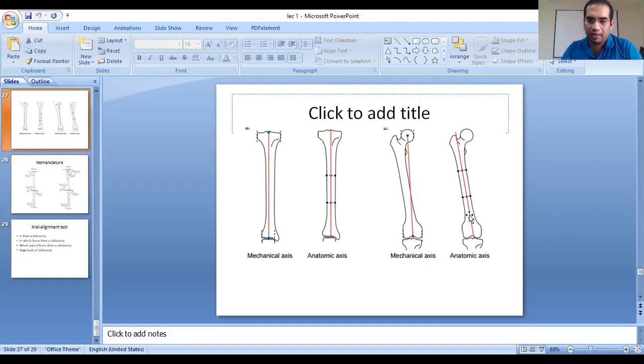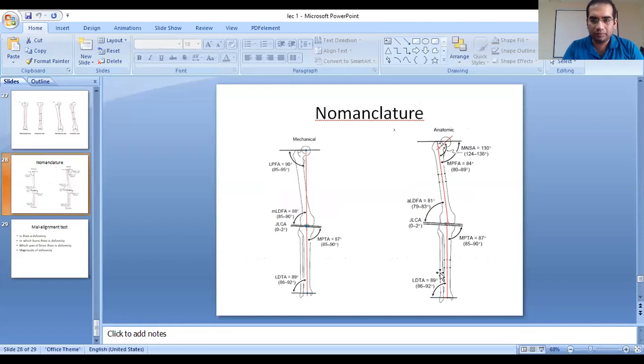In femur, the anatomical axis starts from the piriform fossa and ends medial to the center of the knee joint at a point which is in line with the medial eminence of the tibial spine. The mechanical axis starts from the center of the femoral head and ends at the apex of the femoral notch. As for the nomenclature, I'm not going to go into the details. I'm sure by now you have all summarized these reference values.